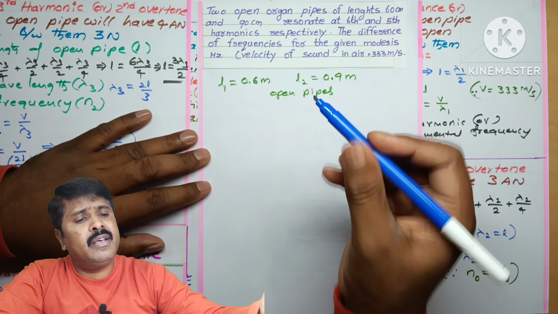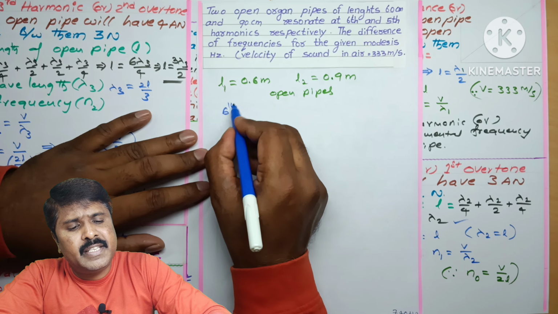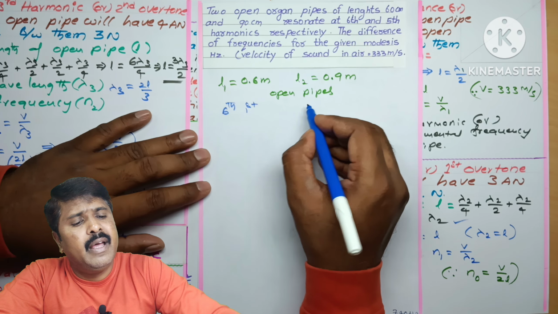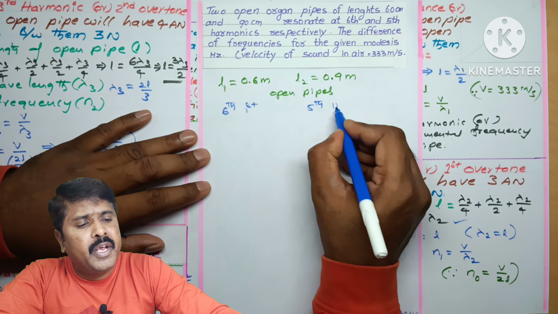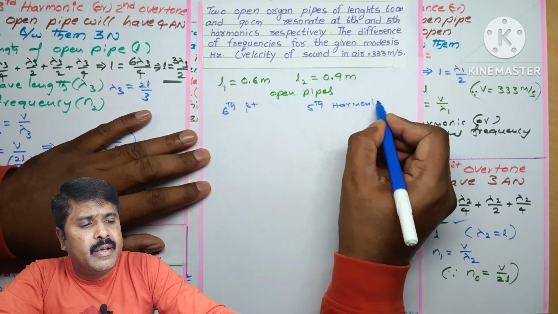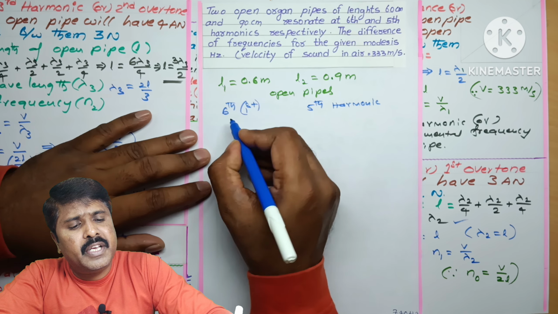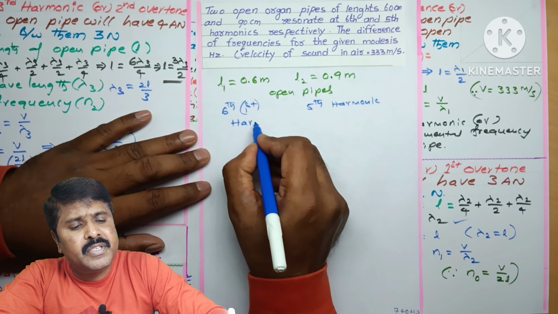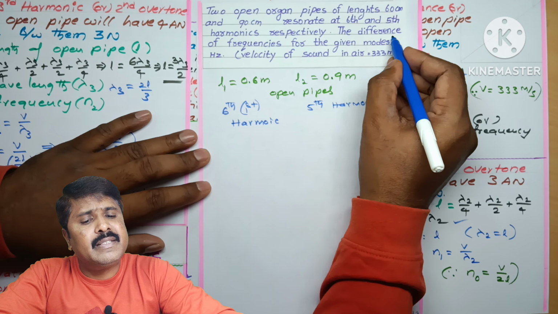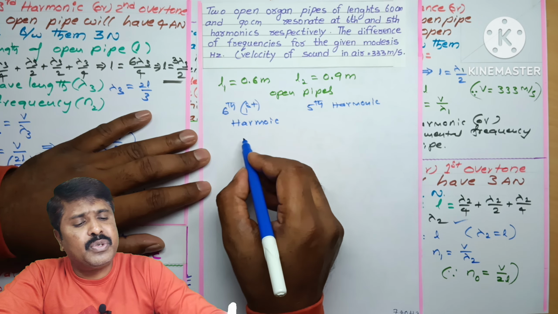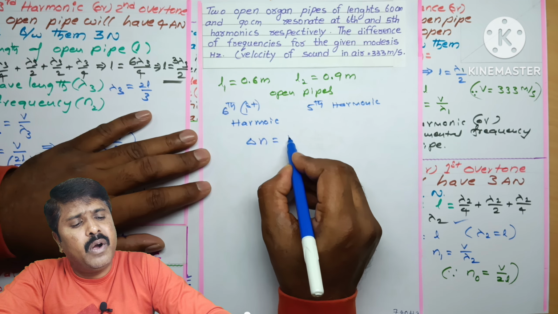The resonances given are 6th and 5th, first one 6th and next 5th harmonic. Okay, this is also a harmonic.